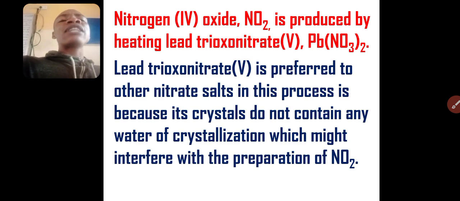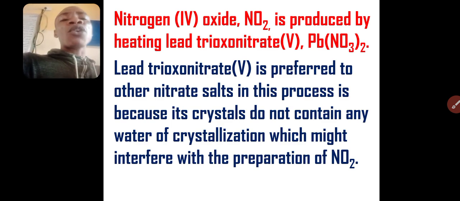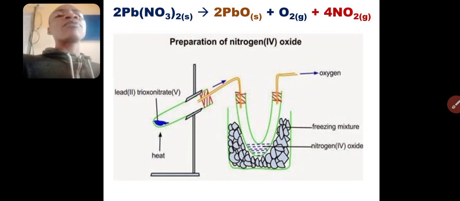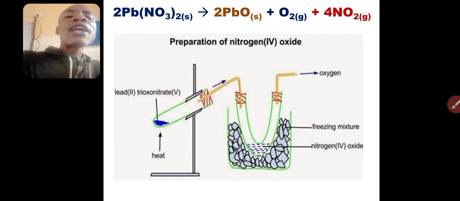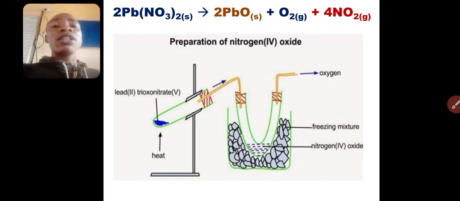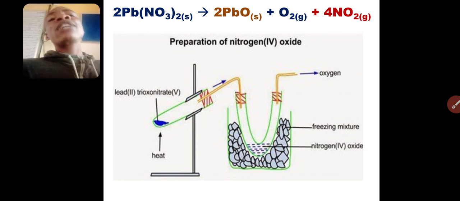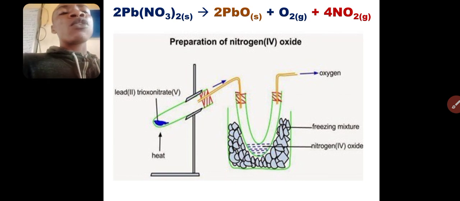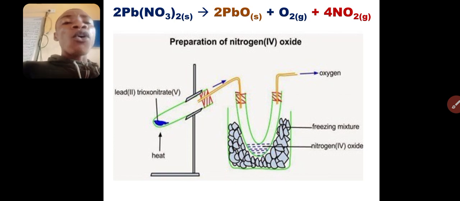That is why lead 2 trioxonitrate 5 has been a major source of production of NO2 in a laboratory, because it does not contain water of crystallization. And you can see the equation on the screen. 2 lead 2 trioxonitrate 5 will give us 2 lead 2 oxide plus oxygen plus 4 moles of nitrogen 4 oxide.